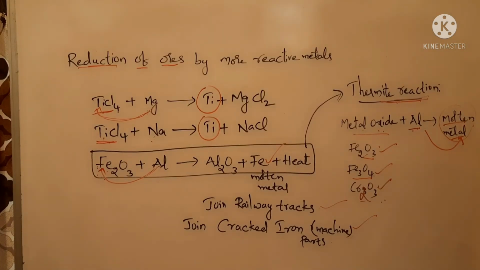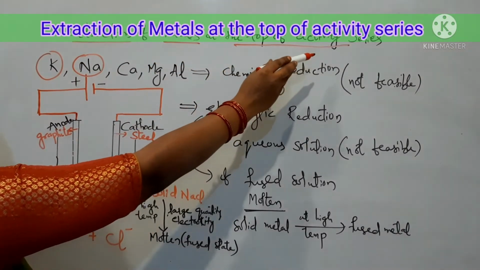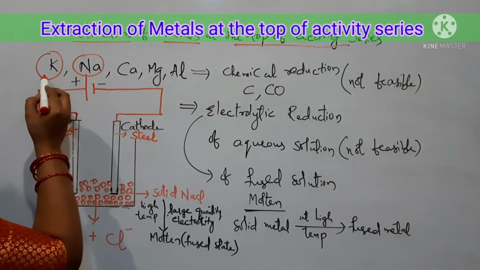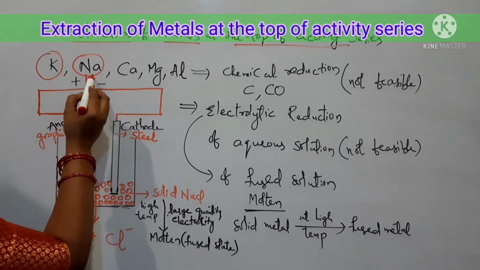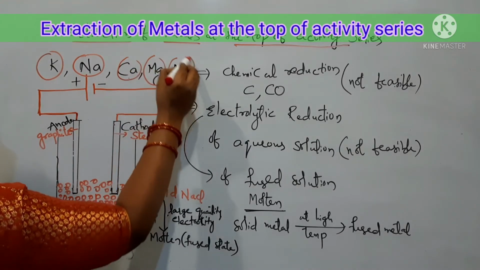Then we'll go for the extraction of metals from the top of the activity series and from the bottom of the activity series. Now we'll go for the extraction of metals at the top of the activity series like potassium, sodium, calcium, magnesium, aluminium.